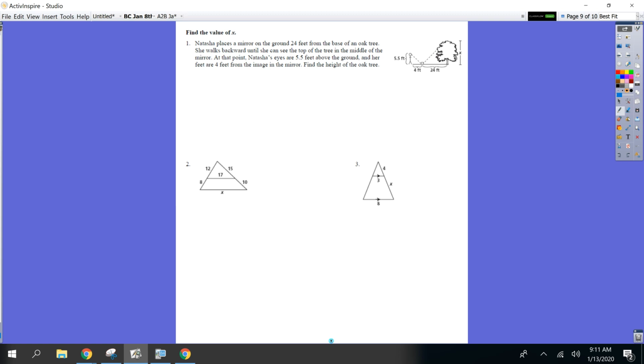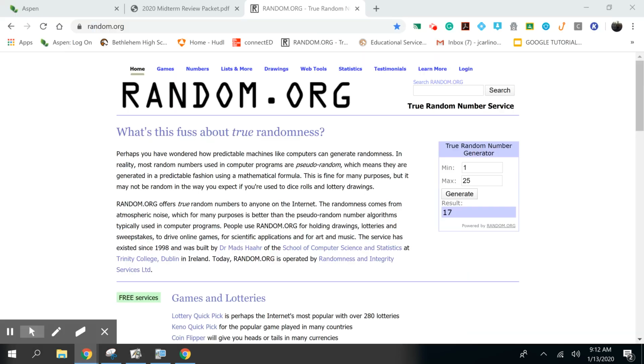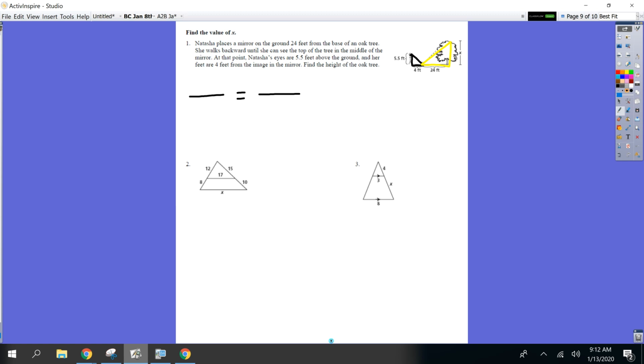All right, so we have formed 2 triangles. So now the question is, can I set up a correct proportion to solve? Matching up the correct corresponding sides. You think you could set one up for me?